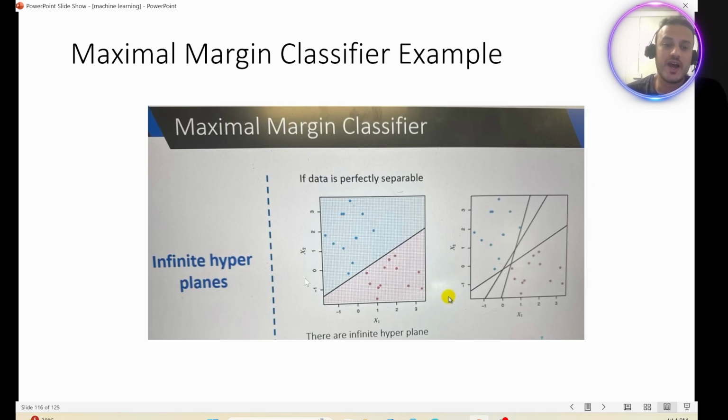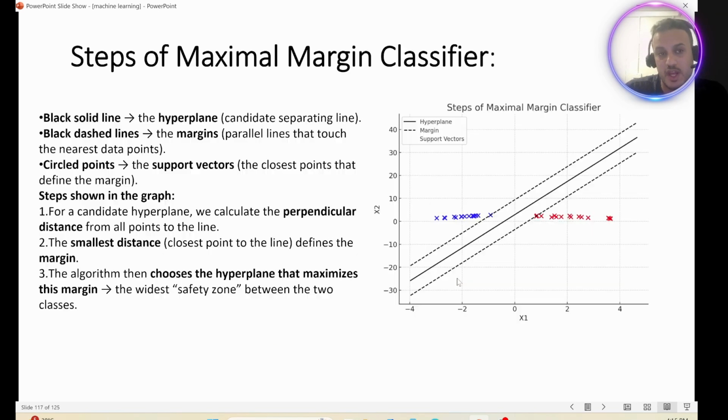Okay, so we have infinite hyperplanes. We have many hyperplanes. How do we decide which is the best hyperplane that separates our data? We can have many hyperplanes, but we need to find the best one. So in the maximum margin classifier, first let's get the summary.